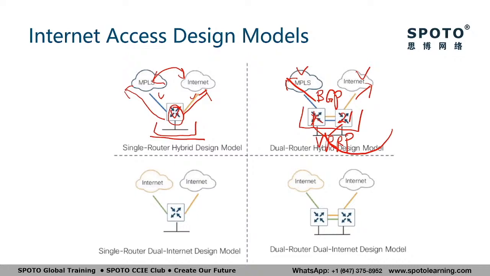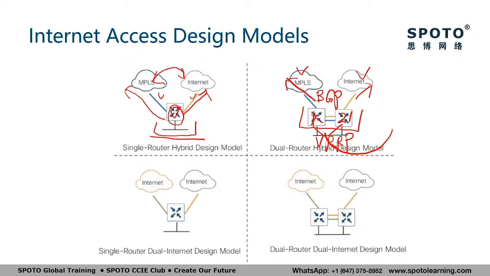Nowadays, because internet circuits become faster and faster and the cost is reduced significantly, especially with fiber access, with a DMVPN IPsec tunnel or with an SD-WAN solution, it's not necessary to have a dedicated MPLS circuit anymore.